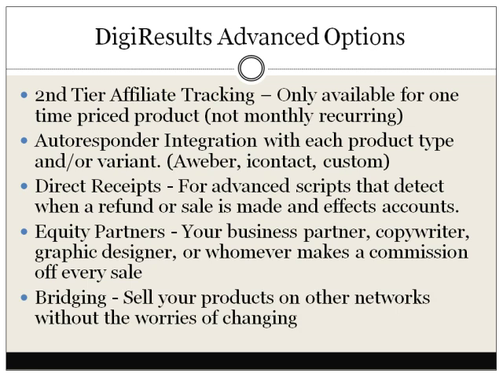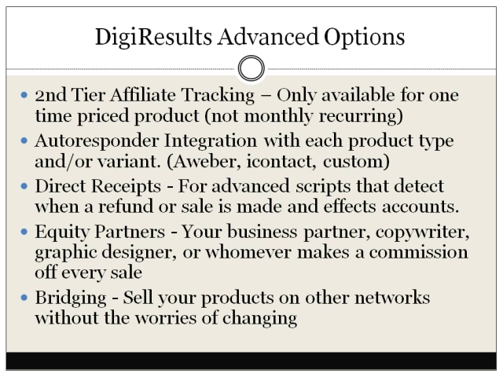And of course, DigiResults has bridging, which is one of the more advanced options. I'll say that most sites do not have this type of option, which is a really good part of DigiResults. Basically, bridging is selling your products on other networks without the worries of changing your other networks.